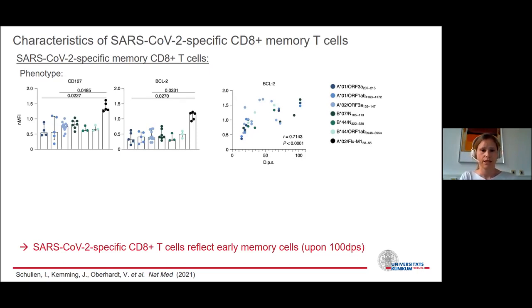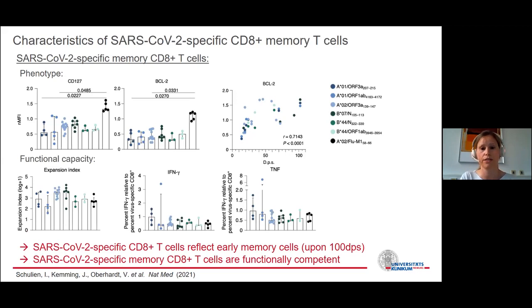And this led us to the conclusion that the cells that we detected reflect an early memory cell. We also wondered about the functional capacities of these memory T cells. And for this, we performed in vitro testing. We expanded the cells for 14 days and then checked for their functionality.